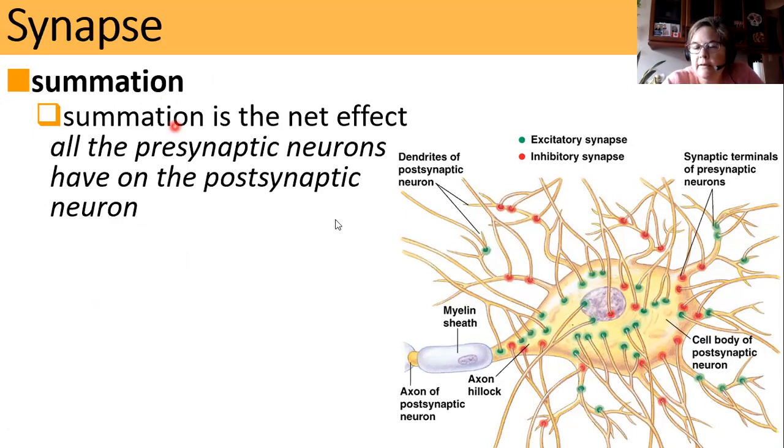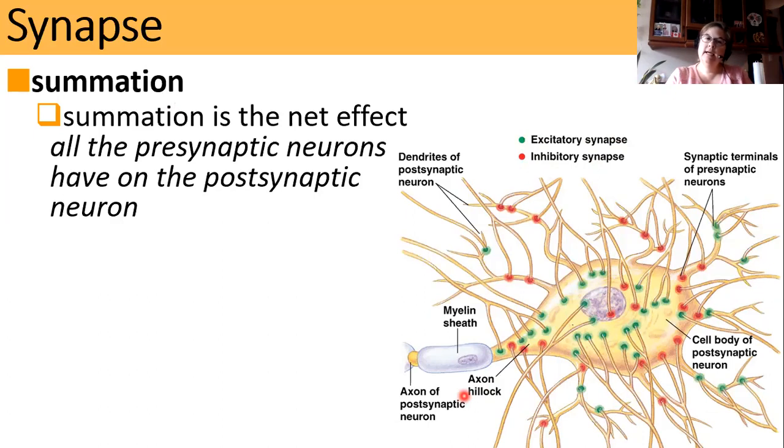So what I'm looking at here is this neuron, and I'm seeing dendrites of this neuron. And then I'm seeing that a lot of presynaptic neurons are attached to it. Some are giving excitatory or stimulatory neurotransmitters, and some are giving inhibitory neurotransmitters. So the red ones are inhibitory and the green ones are stimulatory. Well, what's a postsynaptic neuron to do? Does it react? Does it not react?